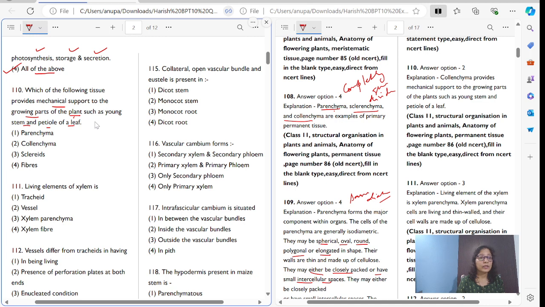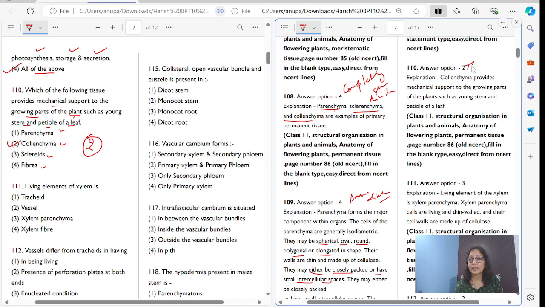So options are parenchyma, collenchyma, sclereid, fiber, and the answer will be collenchyma, that is option number 2. Why? Because collenchyma has some thickness at the corners, and hence it provides support to the growing parts of the plants. So the answer for this question will be option number 2, collenchyma.